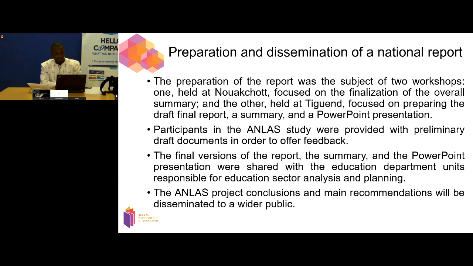They gave their feedback, and we had a final version. So we had a PowerPoint document and a Word document. All these documents have been shared with people who were responsible for different education departments and people who were in charge of planning.